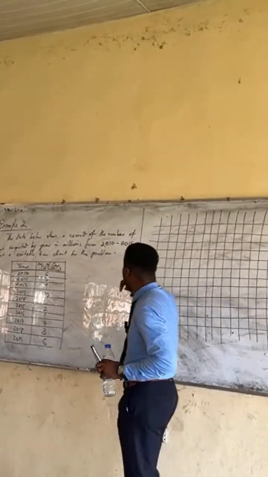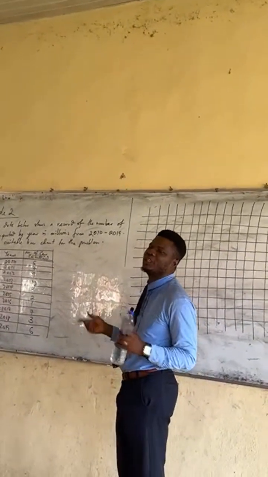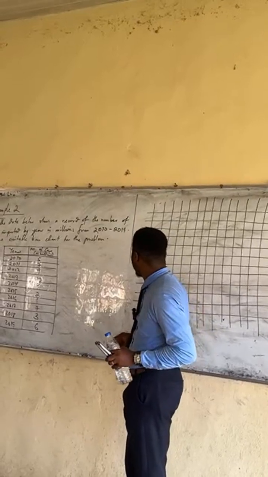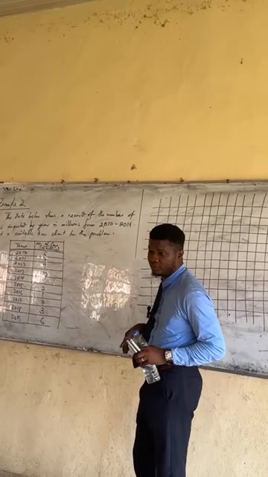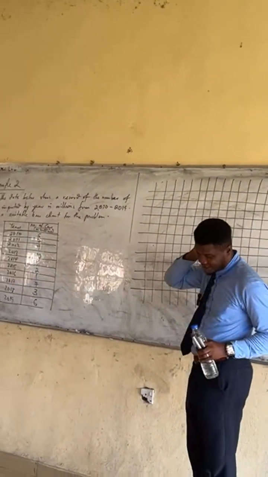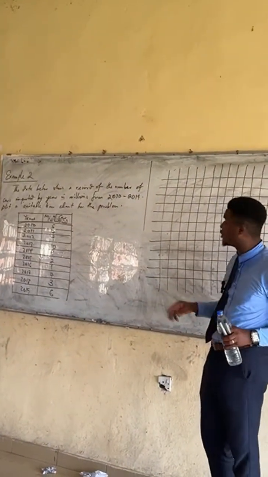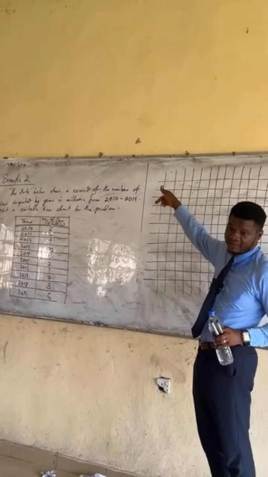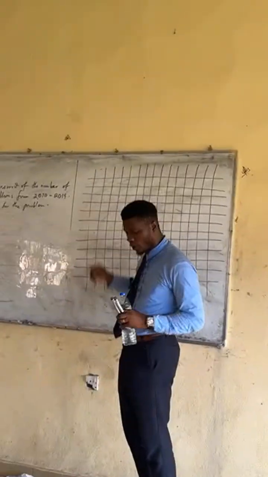If I choose 1 centimeter to represent 2 units, it will be too small. 2 centimeter to 2 units does not make sense, and 2 centimeter to 1 unit does not make sense because you may not have the space to contain 10. So the best to go with will be 1 centimeter to 1 unit.